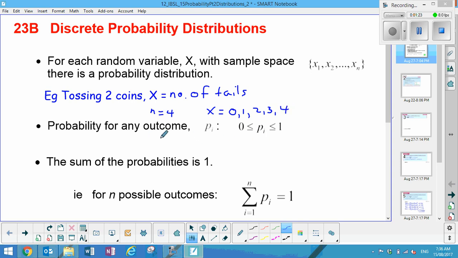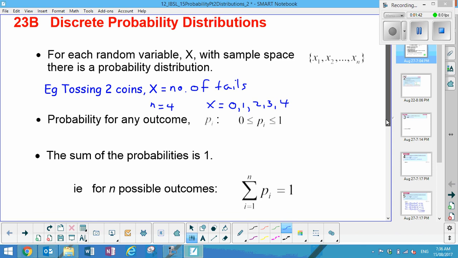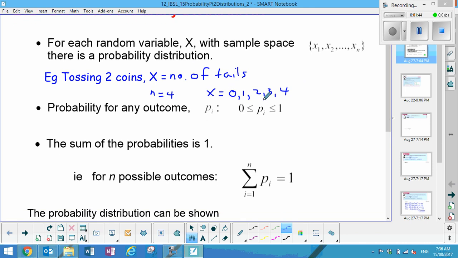So the probability for any of these outcomes is obviously going to be between 0 and 1. So that's the probability P_i. i in this case could be 1, 2, 3, 4, well not 5, but that's our term numbers. The sum of the probabilities will equal 1, so the chance of getting all those probabilities will always add up to 1.